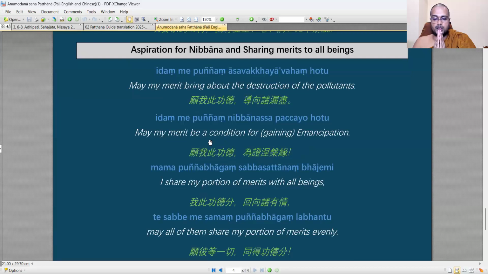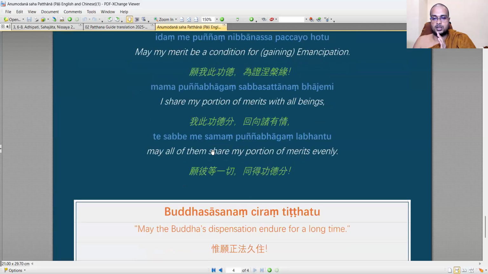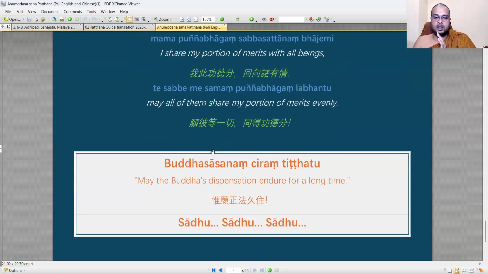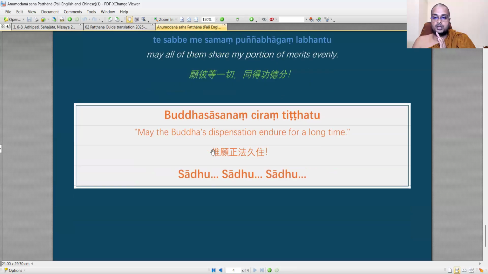Idamme punyang asavakkaya vahang hotu, nibbanassa paccayo hotu. Mama punya bhagang sabba sattanang bhajemi, te sabbe me samang punya bhagang labhantu. Buddha sasanang cirang tiṭṭhatu. Sadhu sadhu sadhu.